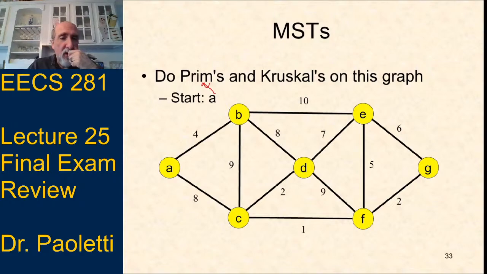Now, if we're going to do Kruskal, remember the first thing we have to do is sort all of the edges into ascending order. I don't feel like writing them all down, like CF is 1, CD is 2, FG is 2, etc. I'm not going to do that. I'm just going to do it without listing them all in order. We're just going to have to be careful. All right, so edges of length 1.